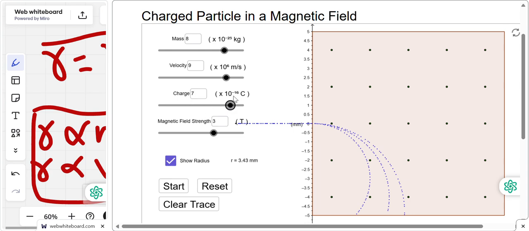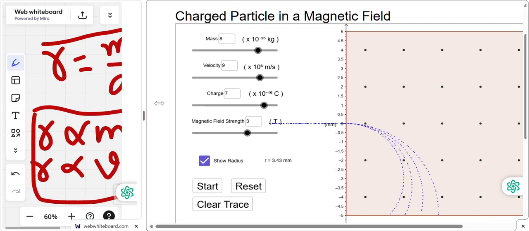Here we get 7 times 10 to the power minus 16. Now if I increase the charge, then the radius should decrease. This was our previous path. Yes, now look, this is the radius we got. So we clearly see that the radius has decreased. So this is also verified.